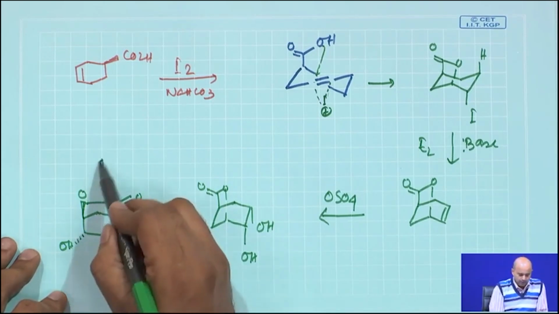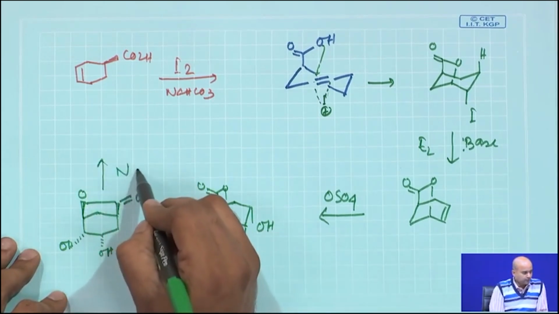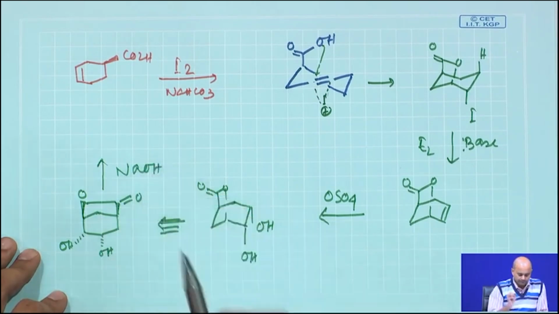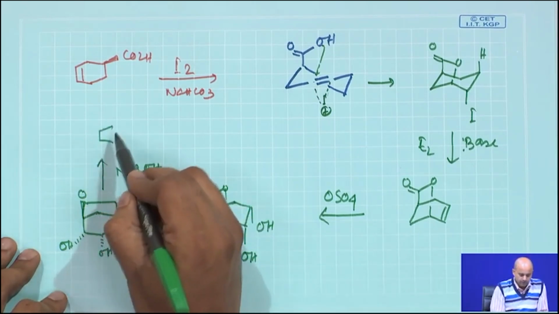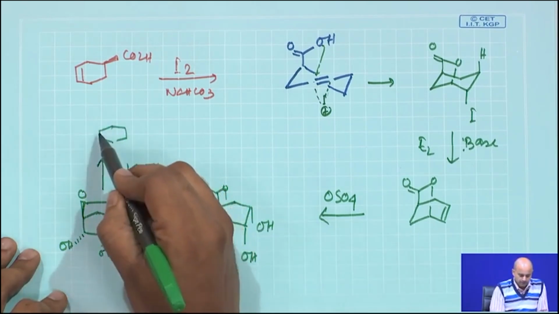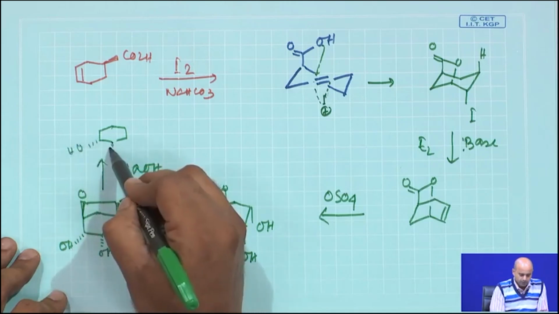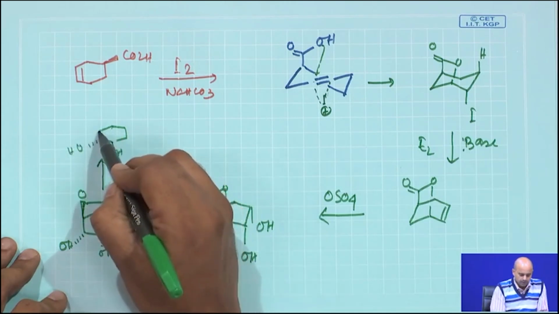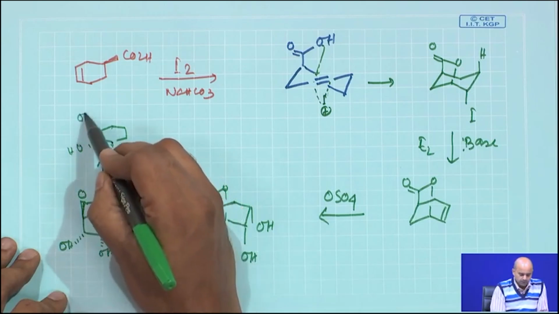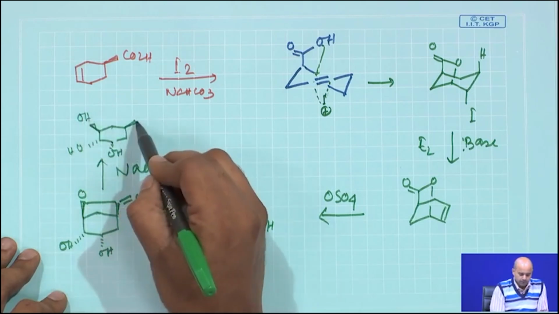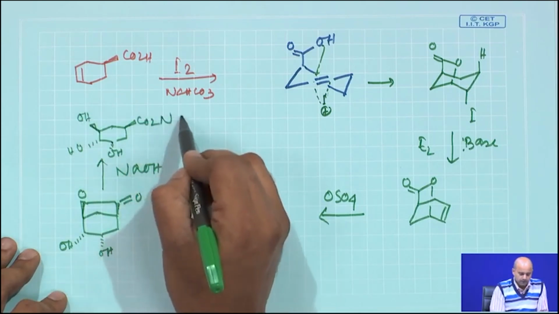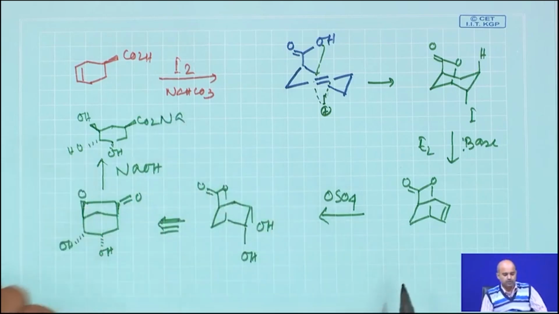You hydrolyze this compound with sodium hydroxide. Sodium hydroxide acts as a base and touches the lactone ring and hydrolyzes this lactone to its corresponding carboxylate salt. This is the target molecule.